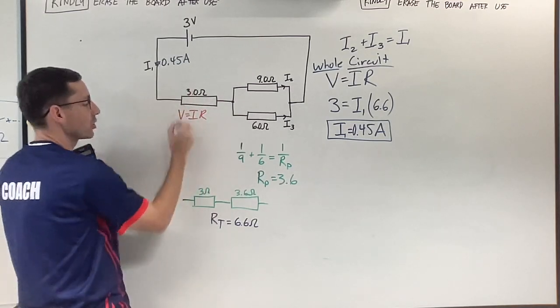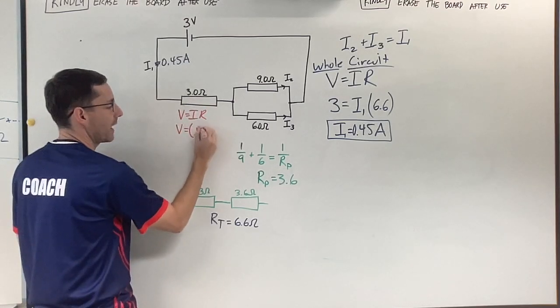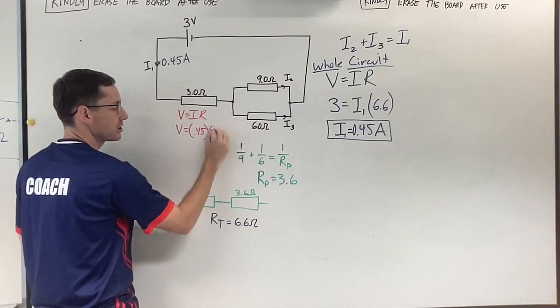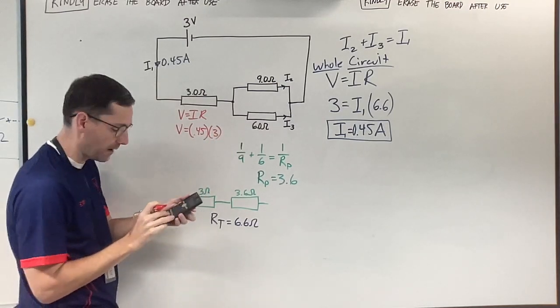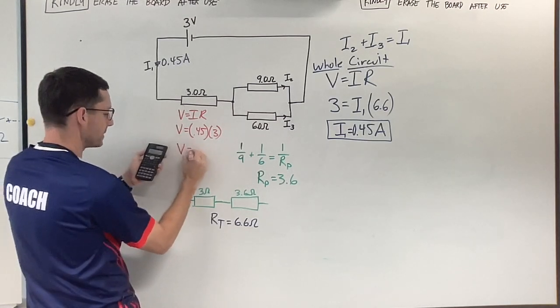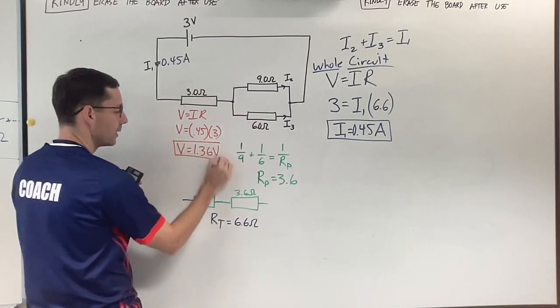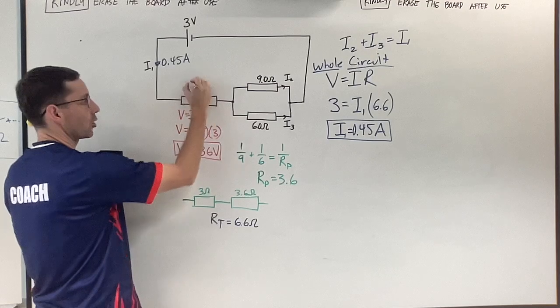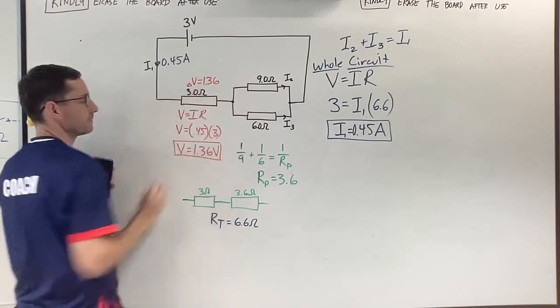So the potential across that resistor is going to equal the current, which is 0.45, times the resistance, which is 3. And so I'm going to take the 0.45454545 and multiply that by 3. And I'm going to get a potential difference of 1.36. So therefore, the potential difference across here is 1.36.